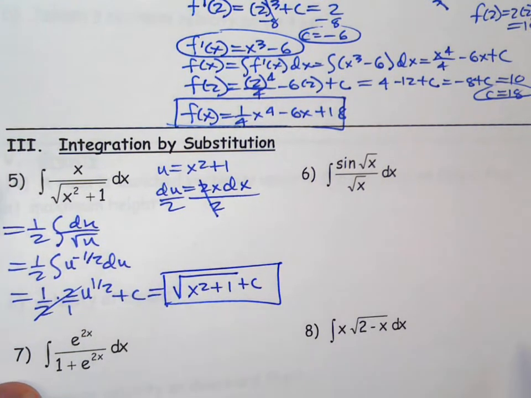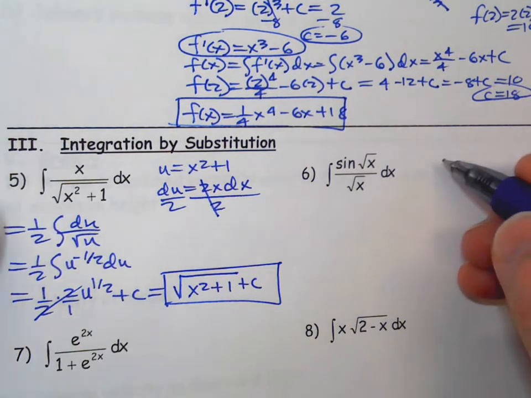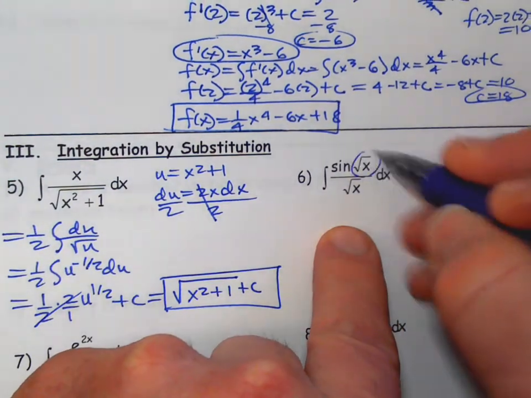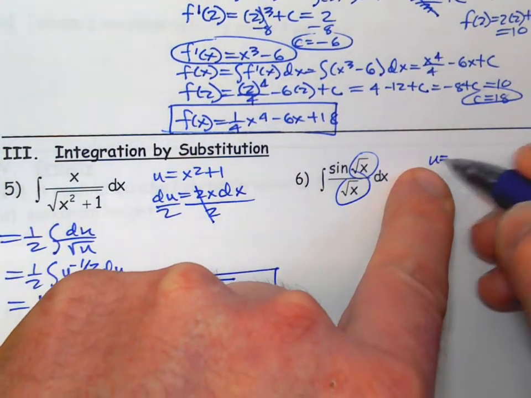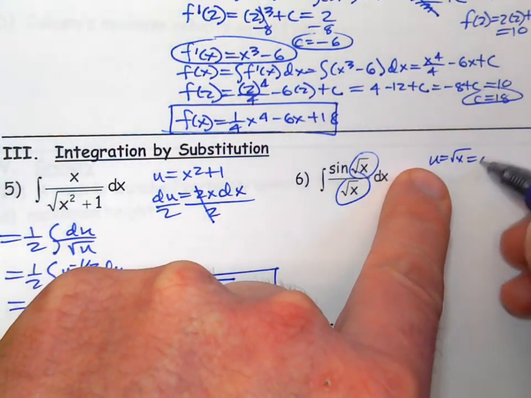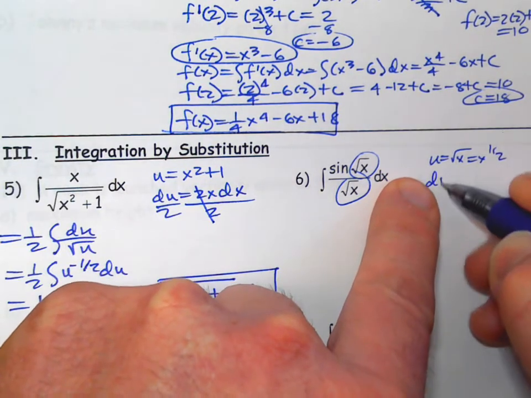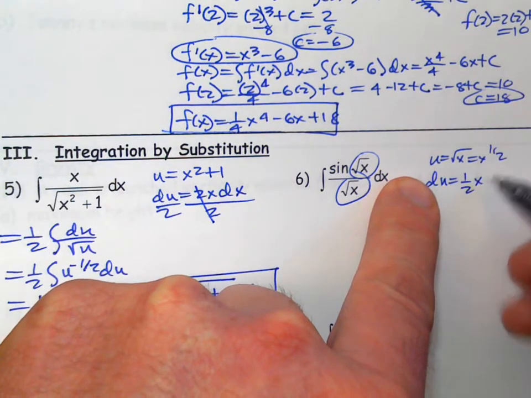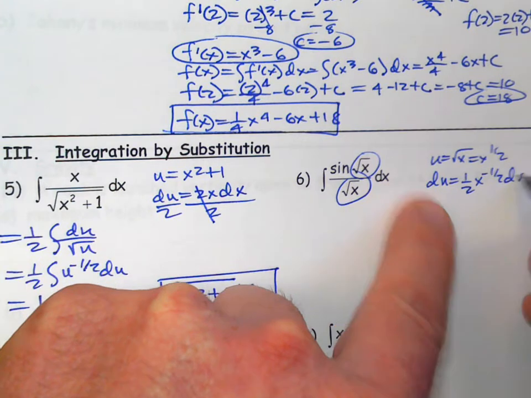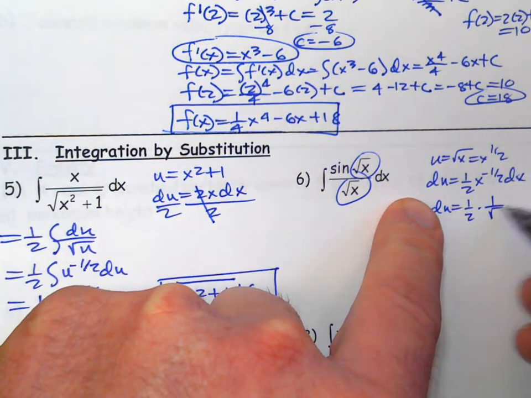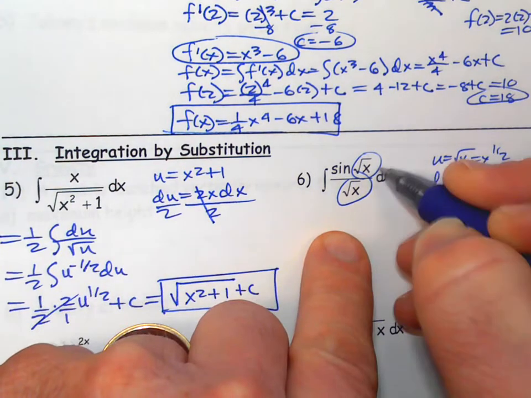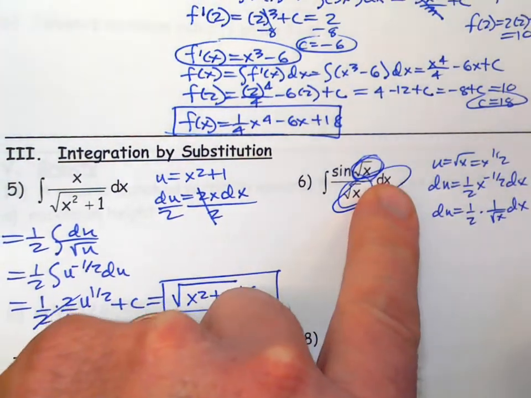Okay, this one right here, you might pick u because it's inside the sine. You might pick u because it's in the denominator. And it turns out that the one inside is it, because that's your du right here.